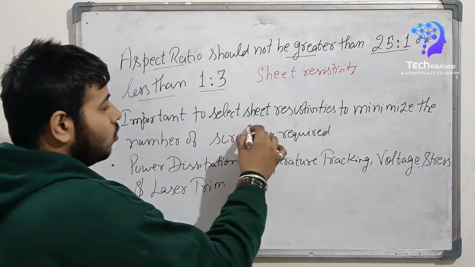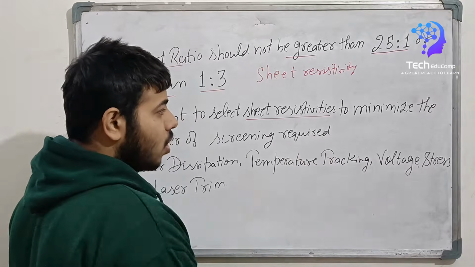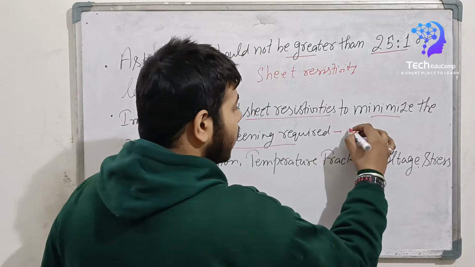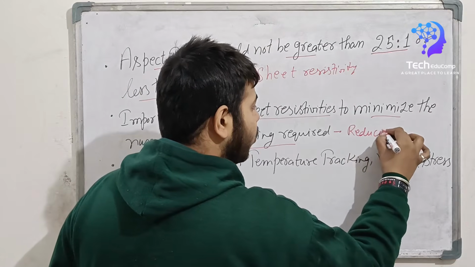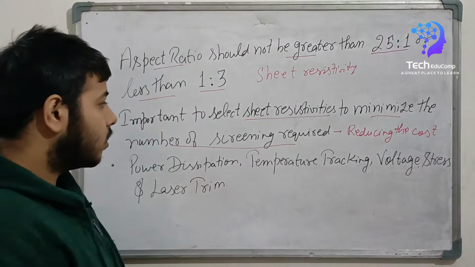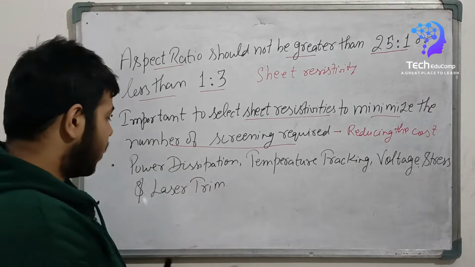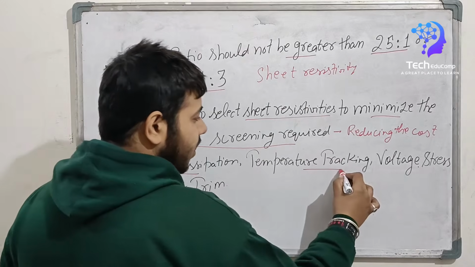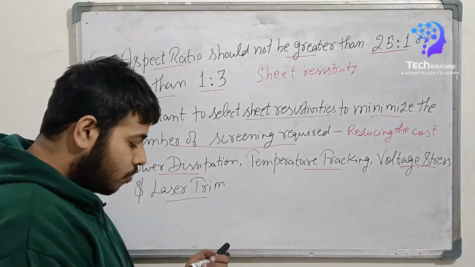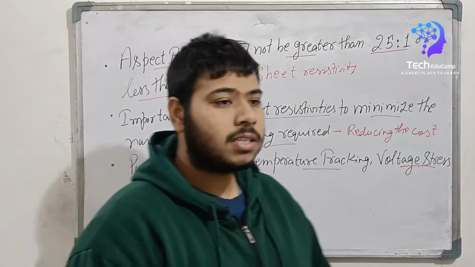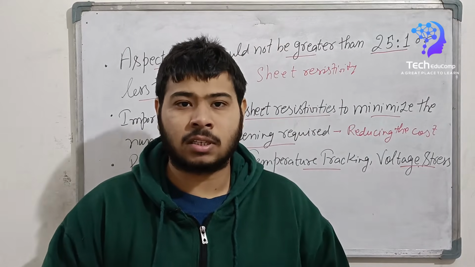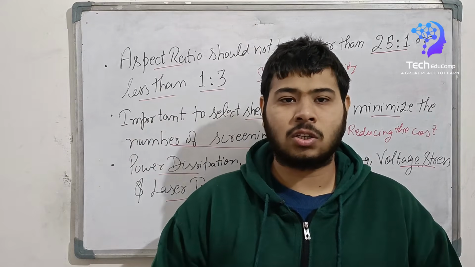It is important to select the sheet resistivity to minimize the number of screenings required, hence reducing the cost. Other factors like power dissipation, temperature tracking, voltage stress, and laser trim are also important in choosing the various resistor geometries. We have three types of resistor geometries, which are on your screen right now.